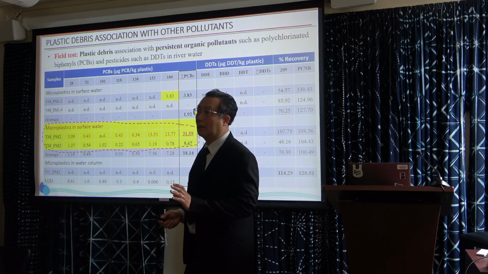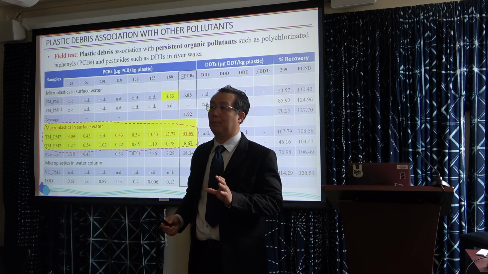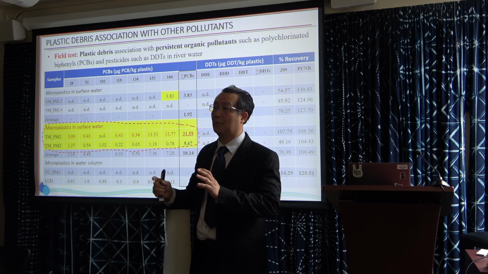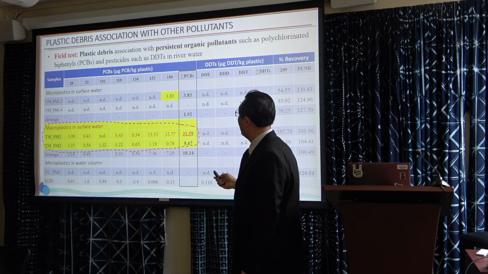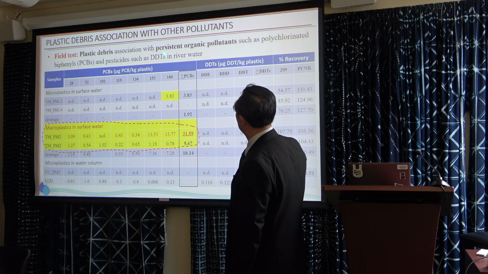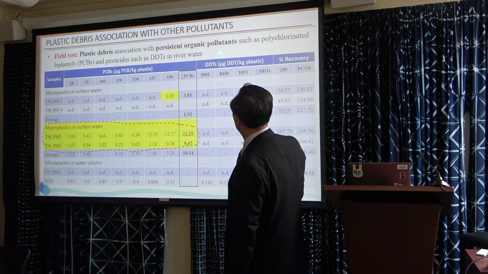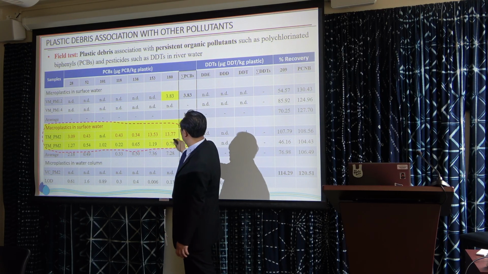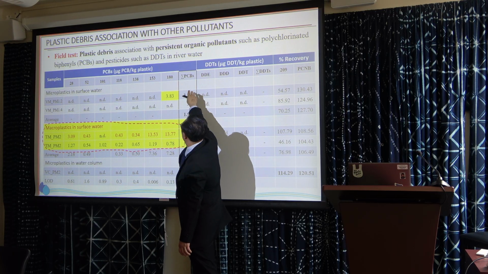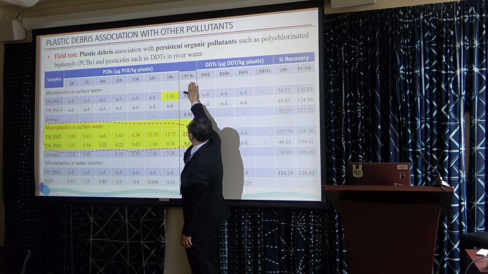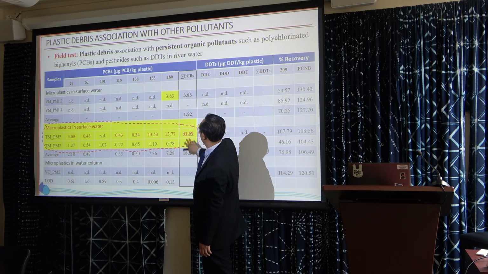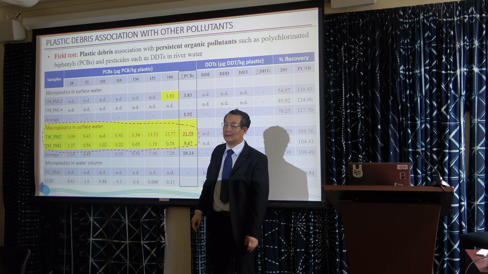One other thing, the impact of microplastic in the environment is the association capacity with other pollutants. We analyzed the plastic debris with persistent organic pollutants. And we found that some samples, just only some, had absorbed a very toxic compound, the polychlorinated biphenyls. And here, the final concentration is associated with the microplastic.